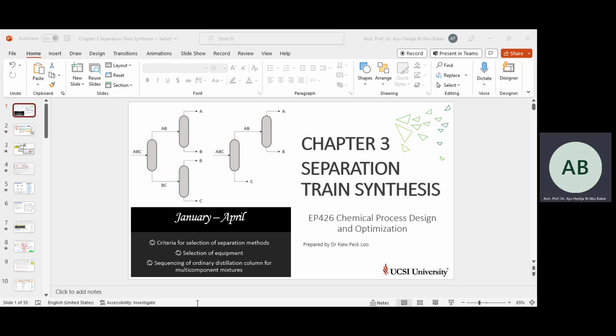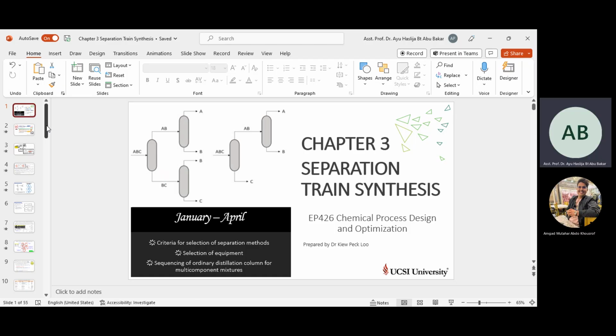For chapter 3, we will have a few sessions. Today, I will just introduce how to do the separation, how to do the sequencing, and what are the separation units involved.